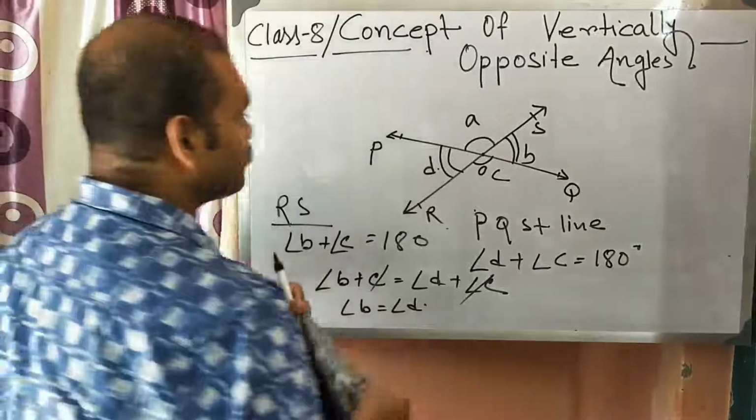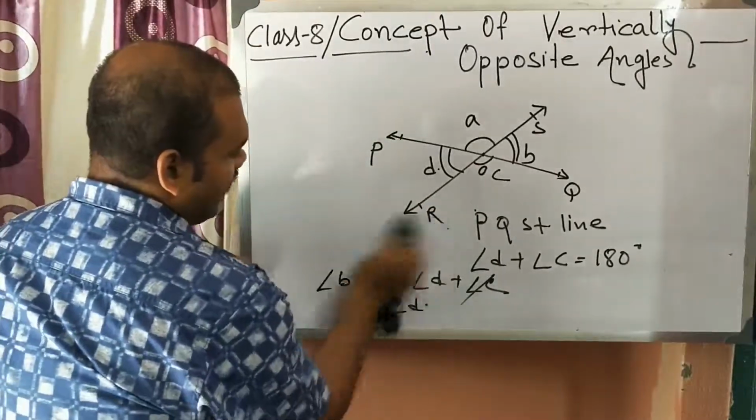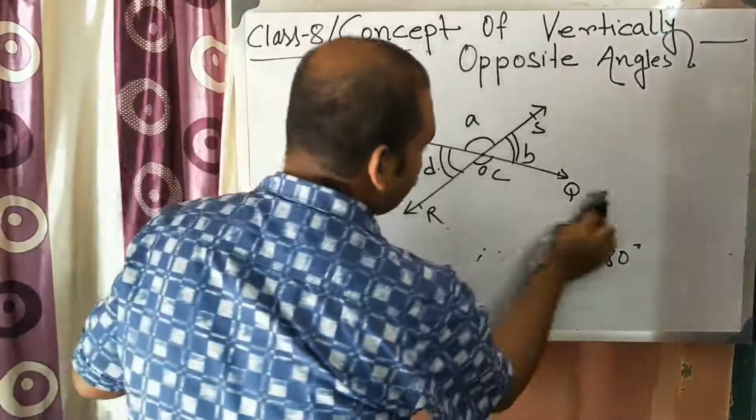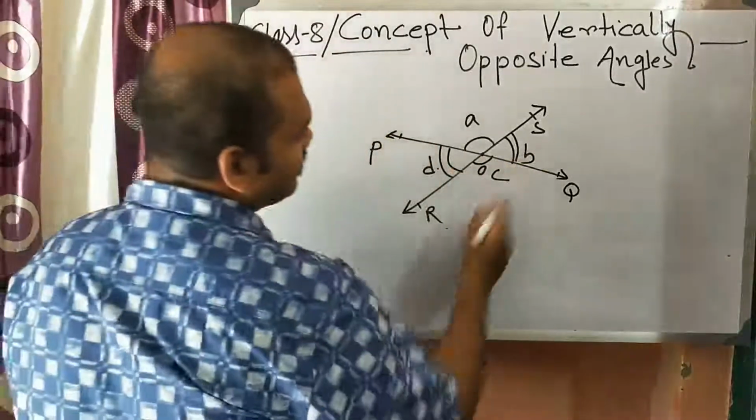Now let us prove angle A is equal to angle C. How can you prove that angle A is equal to angle C?